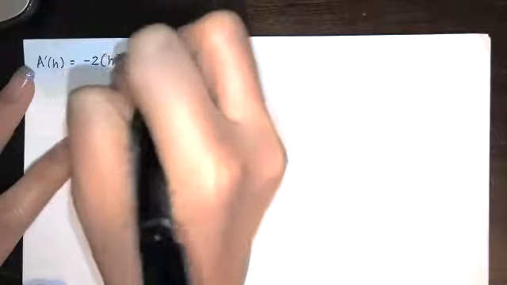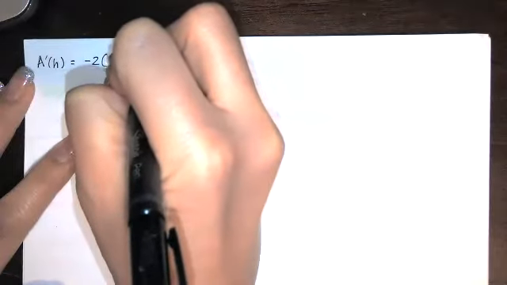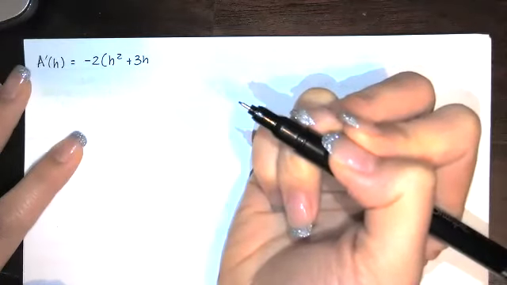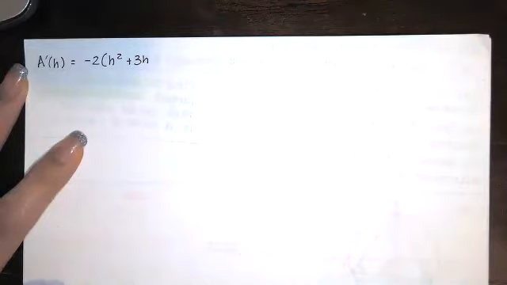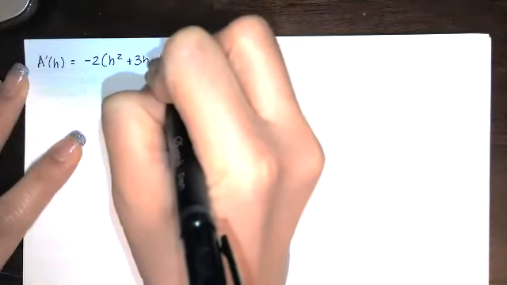And I want to factor out that negative 2. We had negative 2h squared minus 6h. So we factor out the negative 2, that's going to give us a 3h. And we also had a positive 36. Yeah, positive 36. And when I factor out a negative 2, I get a negative 18.